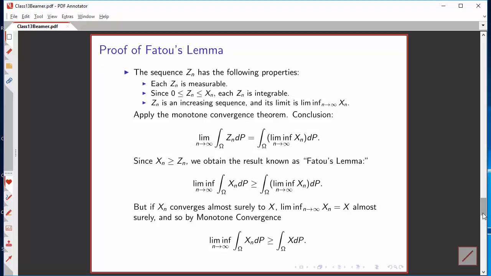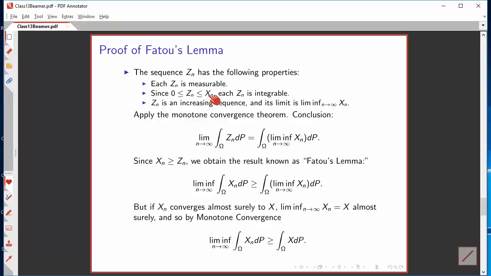And now I can prove Fatou's lemma. I've constructed this worst payoff for each point in the sample space random variable. Each of these z sub n's is measurable, that is, the inverse image of a Borel set is in the sigma field.